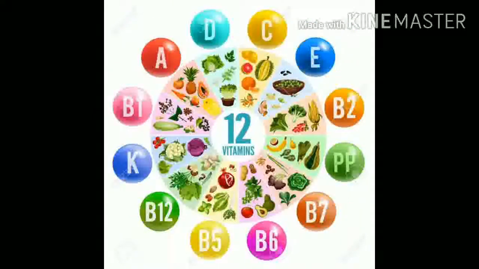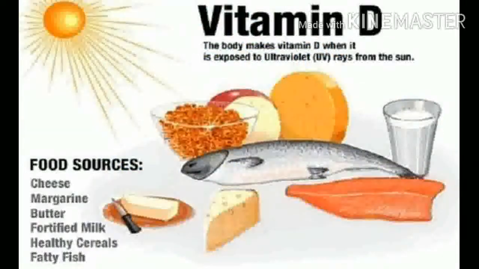The next important vitamin is vitamin D. Human skin can synthesize this particular vitamin. The body makes vitamin D when it is exposed to ultraviolet rays from the sun. If suppose we are walking in the sun, the sun rays fall on the skin. These rays convert and produce vitamin D, especially in the early morning time when the sun rays fall on the skin.